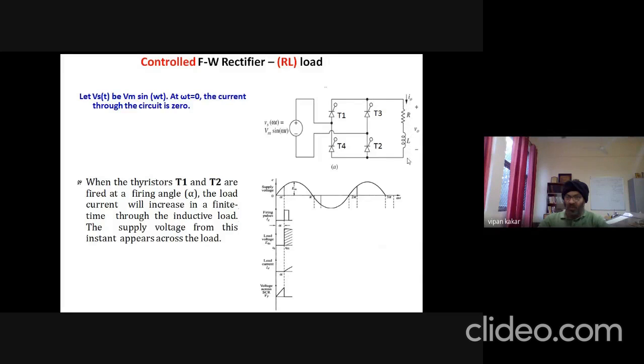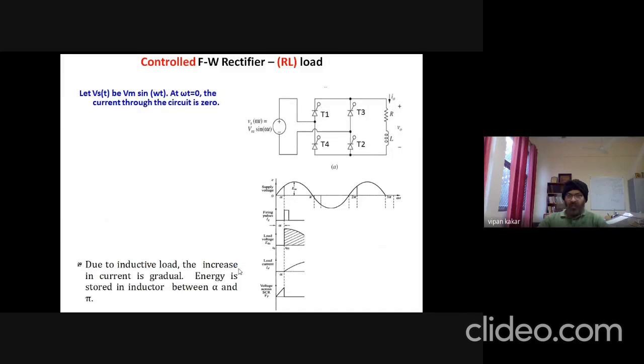The current keeps on flowing through T2 and then back to the source, just as we saw in the previous case. So the voltage starts to develop at the load and the current slowly starts to develop. Now, due to this inductive load, the increase in current is very slow, depending upon the value of inductance. Gradually it increases, not abruptly, as we saw in the half-wave rectification case.